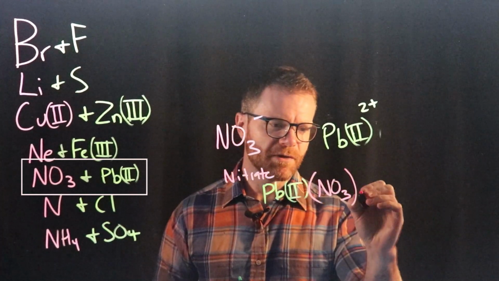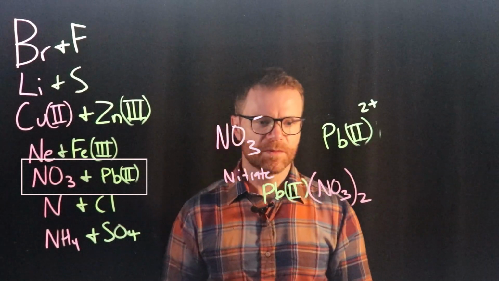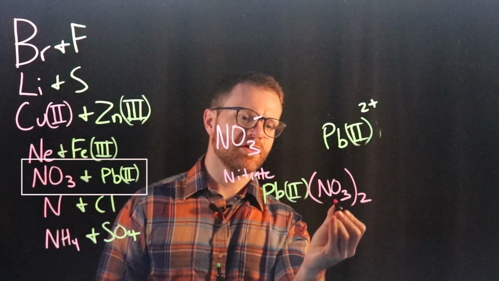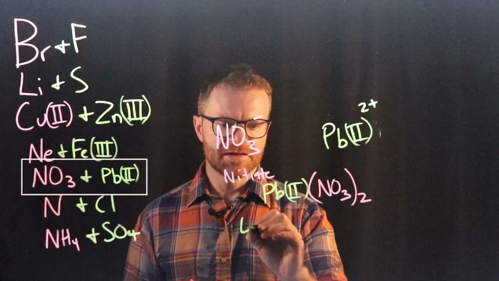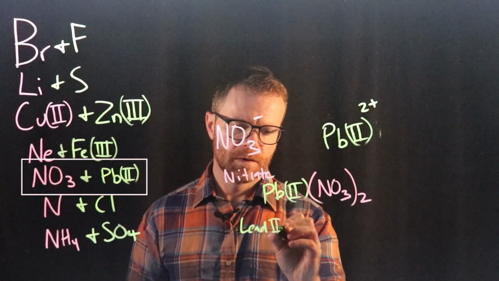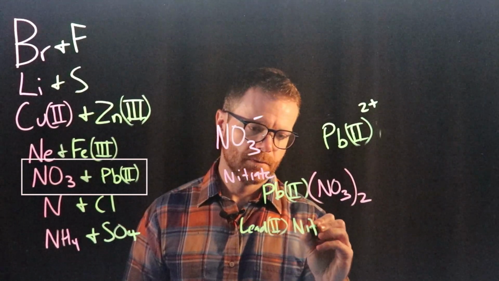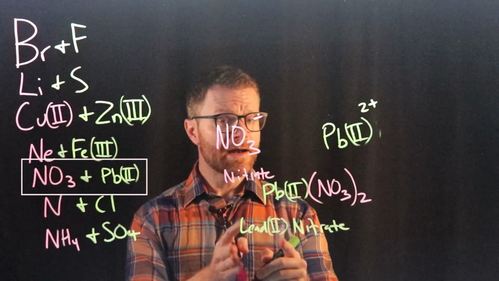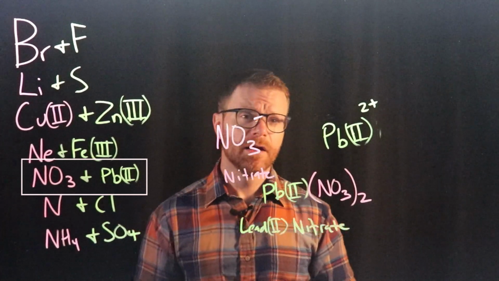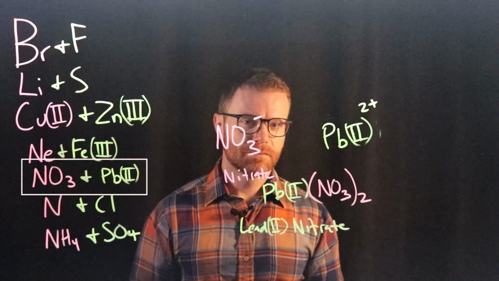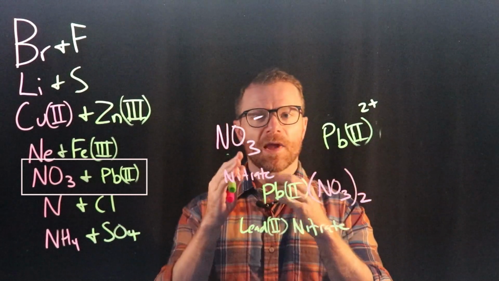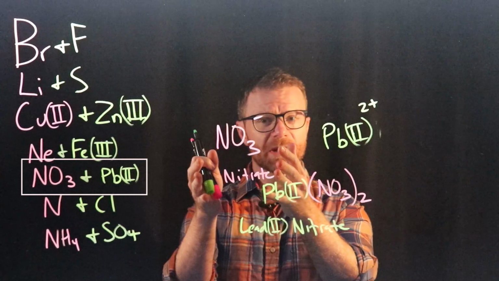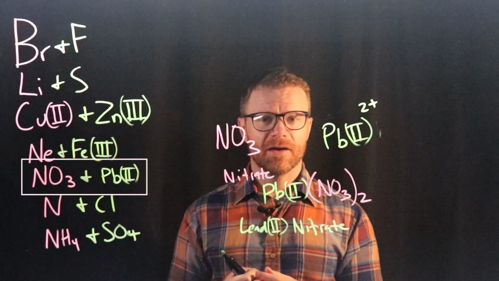I put parentheses around it and then put a little 2 subscript, which tells me I have 2 nitrates and 1 lead. And we would just call this lead-2 nitrate. Cation first, followed by the anion. No need for di-, tri-, or whatever prefix because it's an ionic compound. Anytime there's a polyatomic ion, it's going to be an ionic compound.